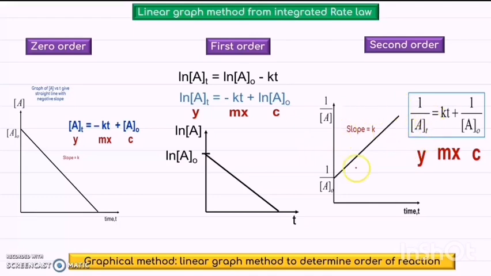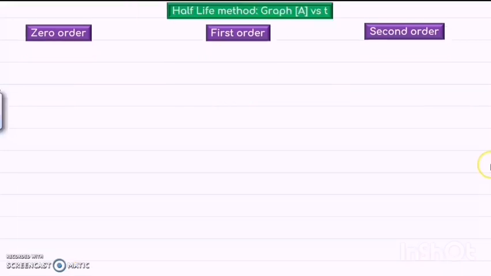Same goes for this order of reaction. If you plot graph 1 over A versus t and it doesn't give you this kind of graph, it means your reaction is not second order. So this is a graphical method. We call it the linear graph method, based on the integrated rate equation for each order of reaction.